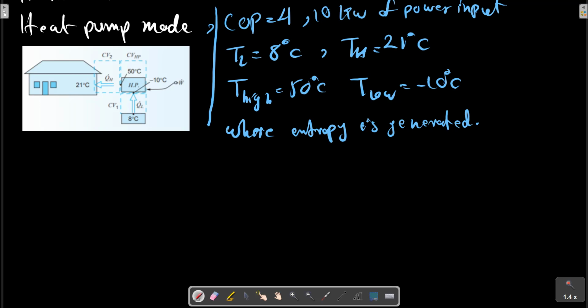Now, at first, let us look at the heat pump itself. It is a control volume. For the heat pump, we have a Q dot H to the Q dot L, and W dot to the heat pump.